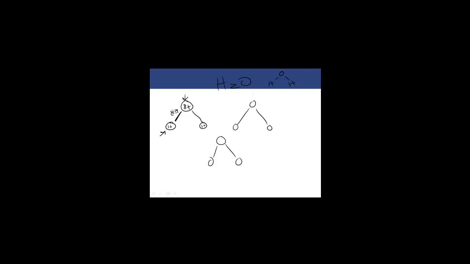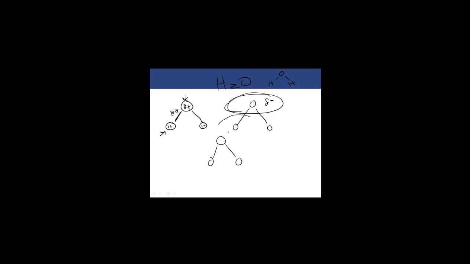In a polar molecule, one end of the molecule, and I'm going to circle this end, is partially negative because the electrons are all being pulled towards the nucleus of that oxygen atom.